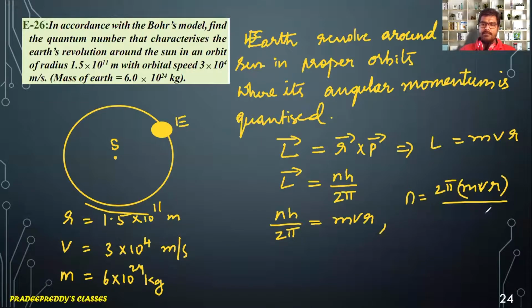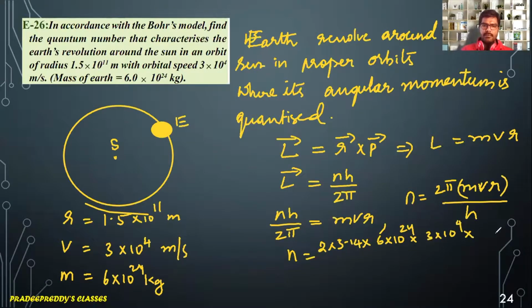divided by h. So this gives you n is equal to 2 into 3.14 into mass of the Earth, which is 6 into 10 power 24. Velocity of Earth is 3 into 10 power 4.